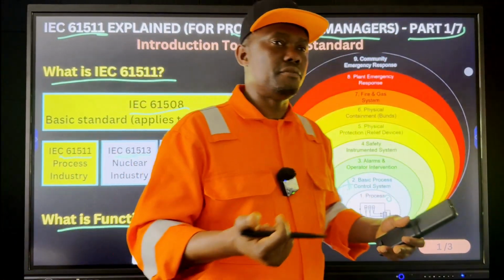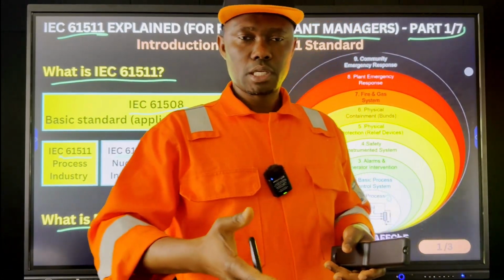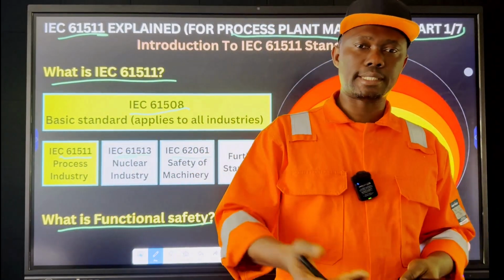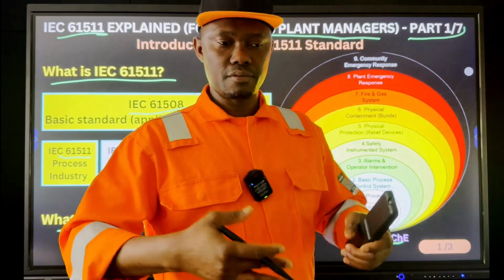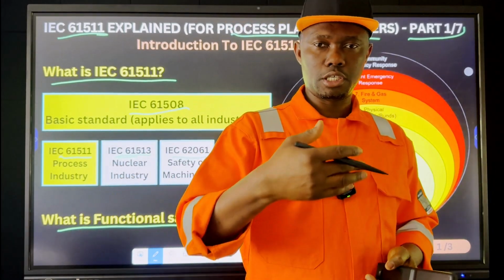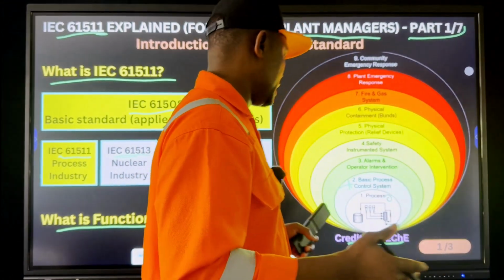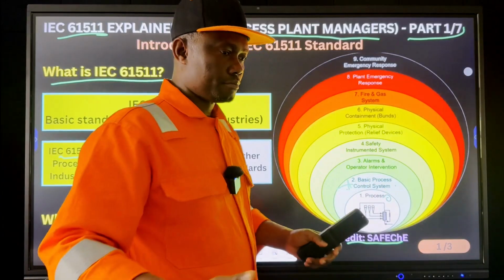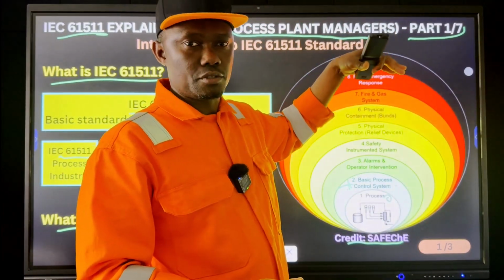You will have your level transmitter connected to the input card of your PLC or the DCS. Then you will also have your level control valve, the pump, those outputs that will be connected to the output card of the PLC or the DCS. So the essence of the BPCS is to carry out basic process control, the level control in that vessel.